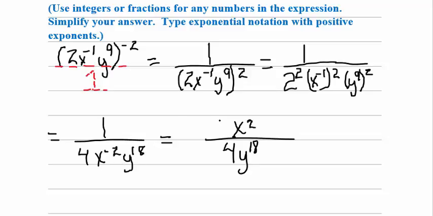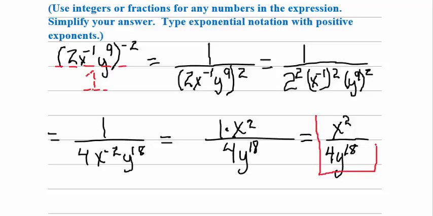Now notice this is really 1 times this, but 1 times any number is that number. So 1 times x squared is simply x squared. And this is my final answer, x squared over 4y to the 18th.